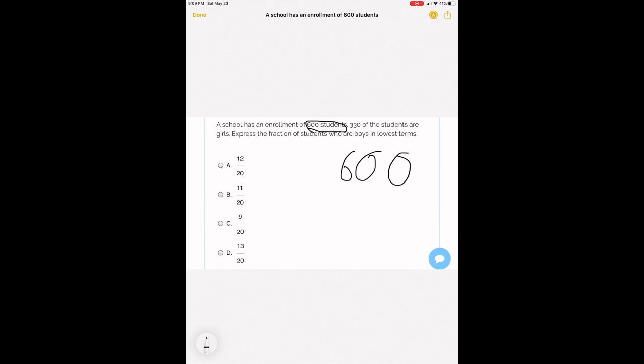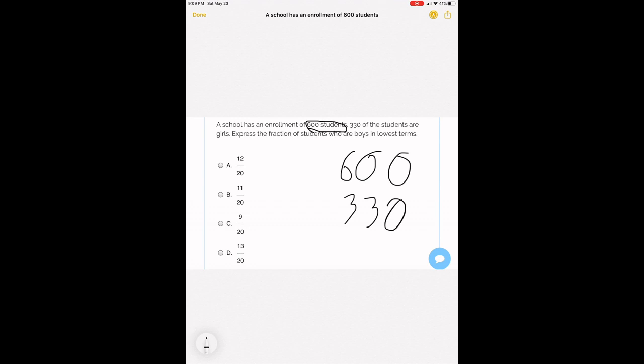So we know that the school has only 2 genders, okay? Boys and girls. So they just add the other kind of special gender. Okay. So we're just going to add it over here. 330 equals girls, and what they ask us to do is express the fraction of students who are boys in lowest terms.